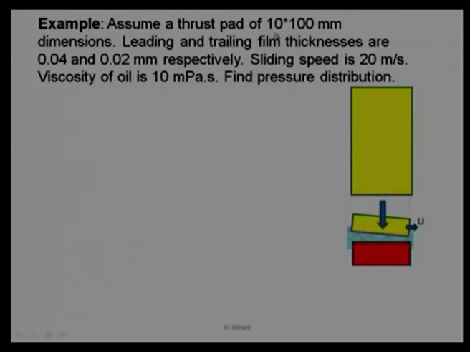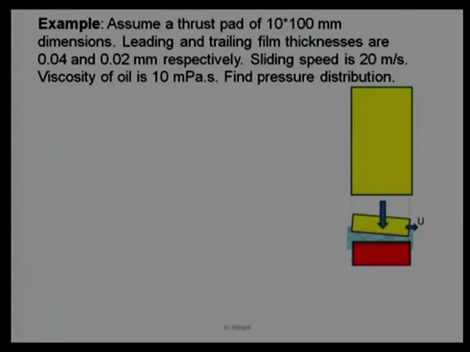Now, an interesting point is that we have defined the dimensions. Say the yellow plate dimension in the x direction is 10 mm, while in the z direction it is 100 mm. That means x by z is going to turn out to be 0.1, because x is only 10 units and z is 100 units. So, 10 by 100 turns out to be 0.1.